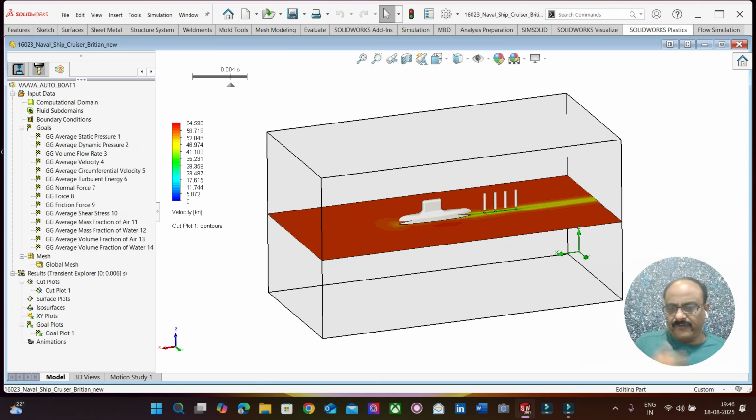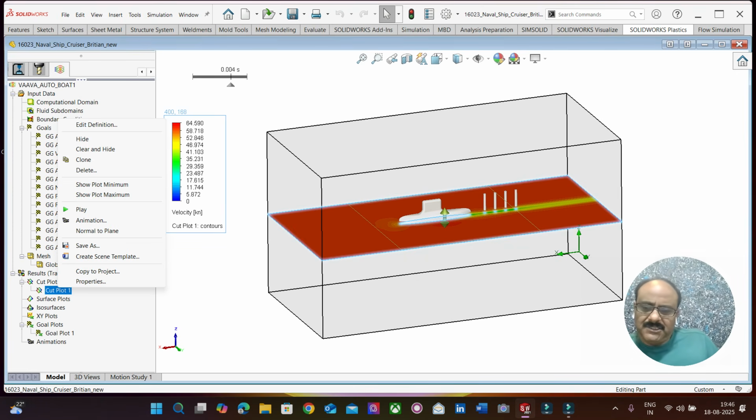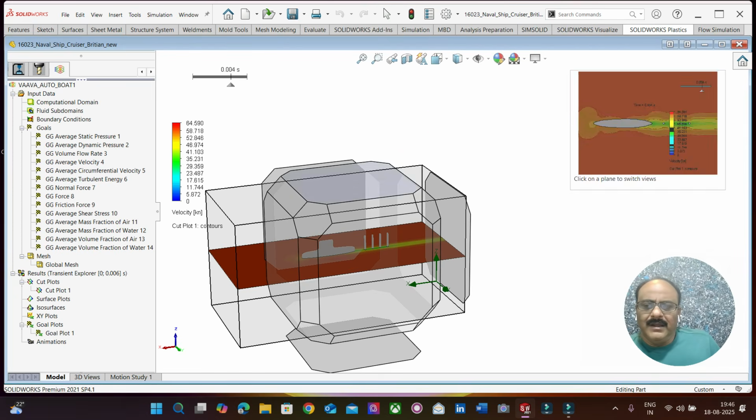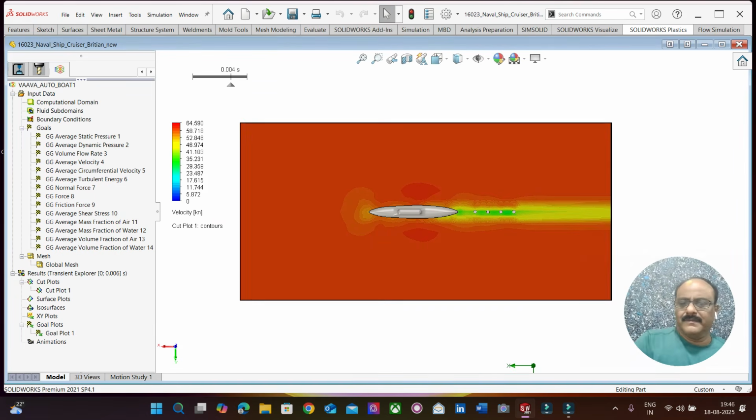Now I am performing a simulation, and I define the transient system, and now I am going to find out how my flow is going to develop.